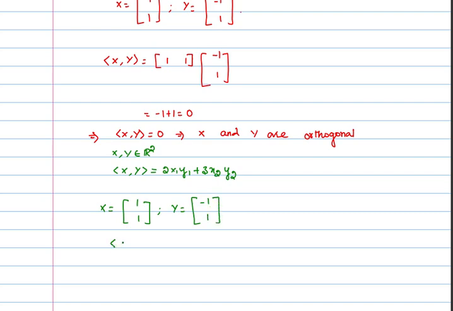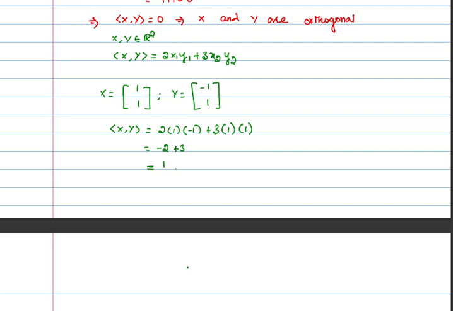The inner product x comma y equals 2 times x1 is 1, y1 is minus 1, plus 3 times x2 is 1, y2 is 1. So minus 2 plus 3 equals 1.